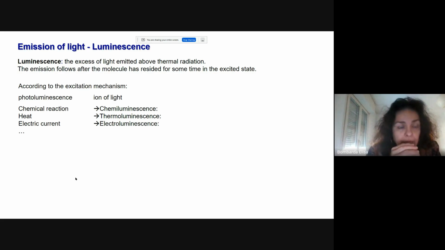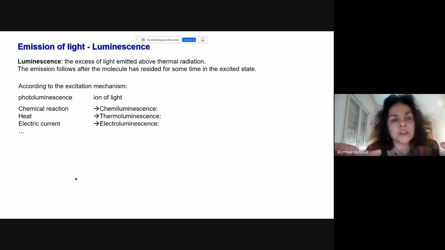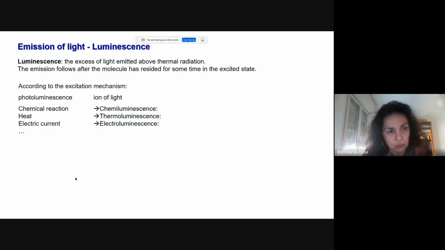I start from the bottom. For example, if we have a chemical reaction that is providing energy, so it's an exothermal reaction, then we excite through it and we will get chemiluminescence. If we use heat, we can have thermoluminescence; we can use an electric current to provide energy, and get electroluminescence. But what we will be interested in in this course is photoluminescence.